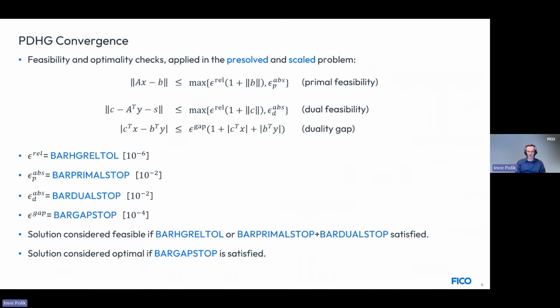And we have tolerances for all three of these. And we also have them in the absolute and in the relative sense. As you can see, the defaults here are only 10 to the minus 2, which is much more relaxed than the 10 to the minus 6 default for a barrier or simplex algorithm. That is because the hybrid gradient often simply cannot go that far.